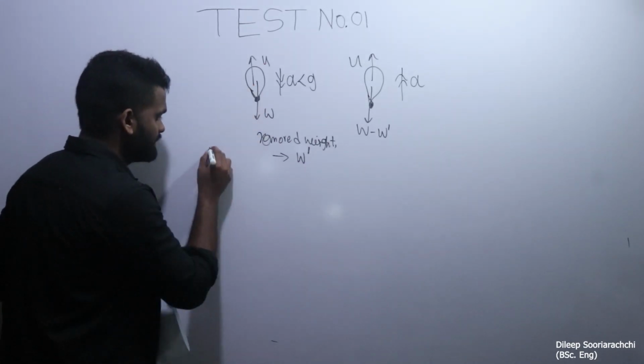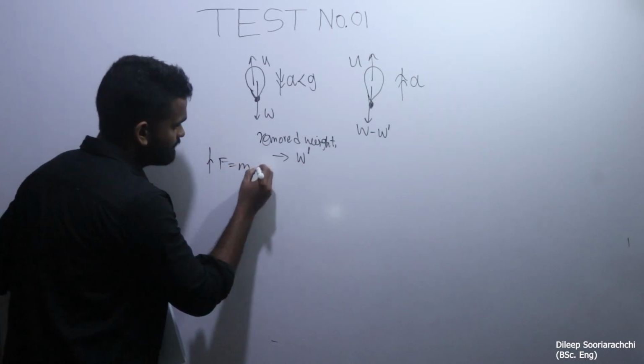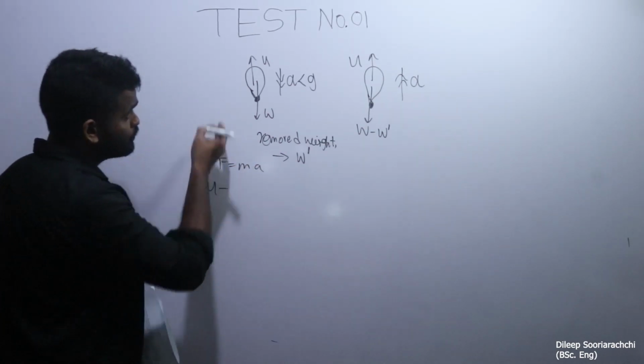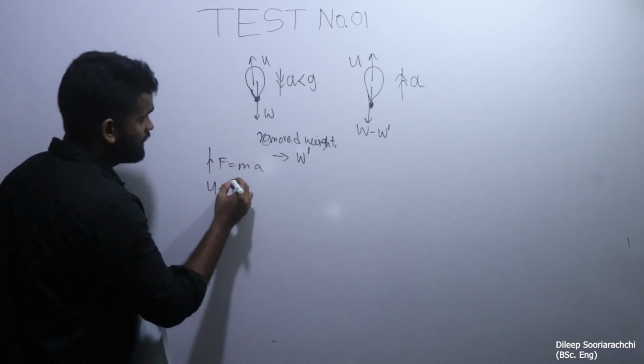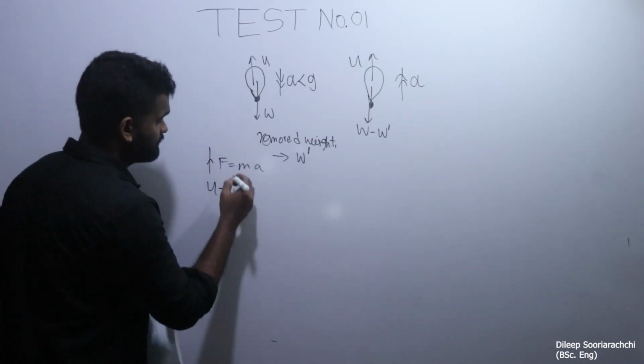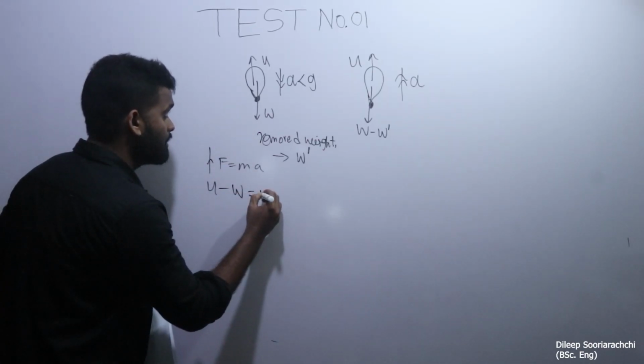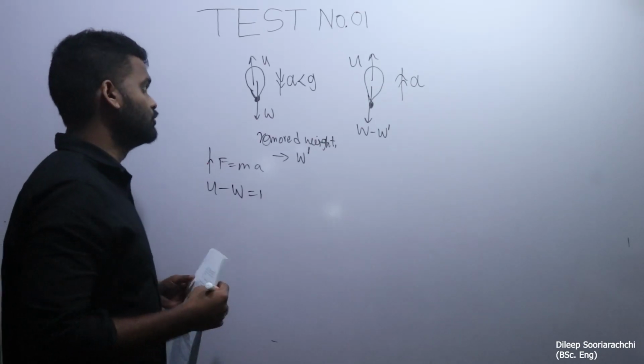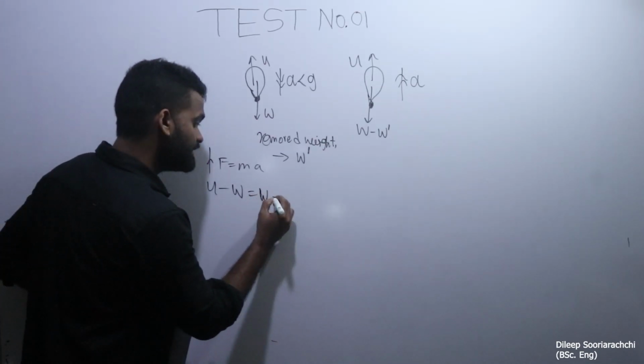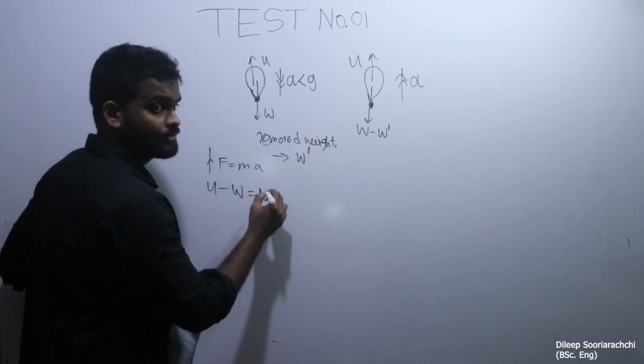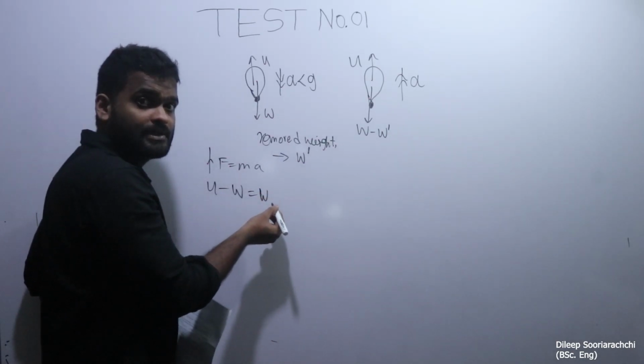First applying it for this case, upwards F equals ma. Then we have U upwards, that is upthrust, minus the weight equals the mass of this balloon times the acceleration. This W is the weight of the balloon, right? That is like mg. W is equal to mg.